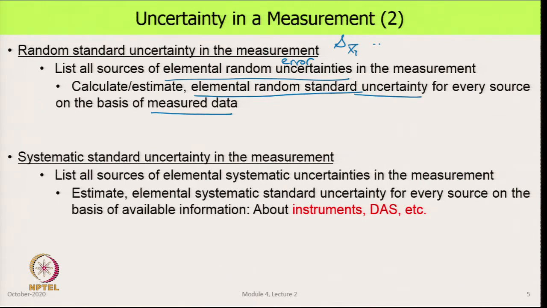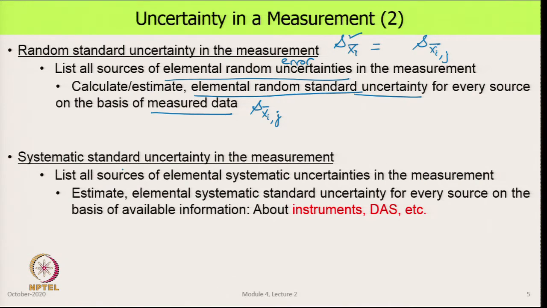So, S x i is a function of S x i bar comma j. j is the jth source of elemental random uncertainty. So, with this calculation, this is what we will get, x bar comma j. And then we will see, using a formula, from this we can calculate this.